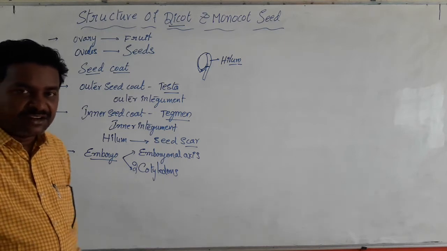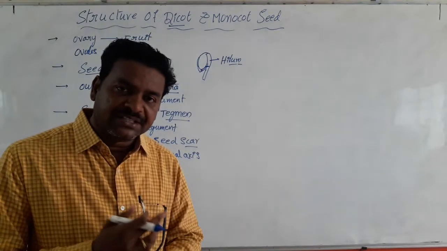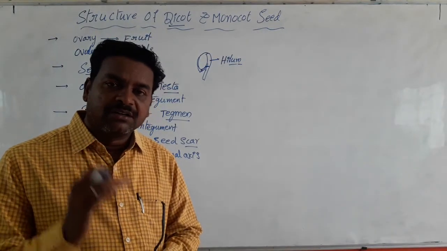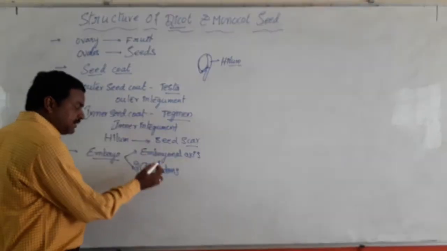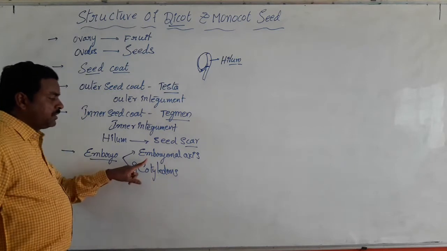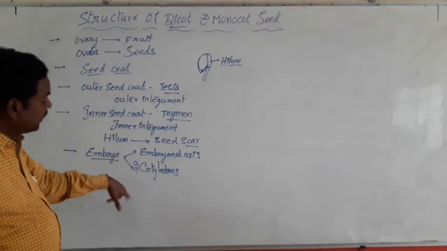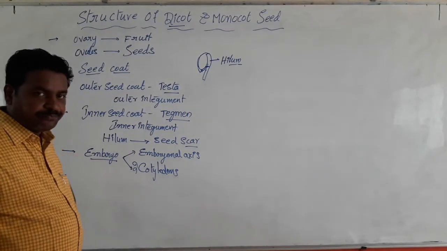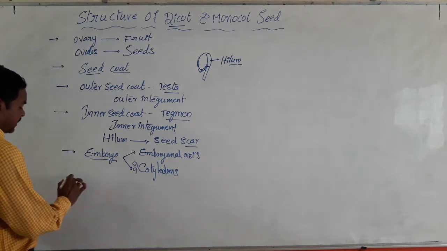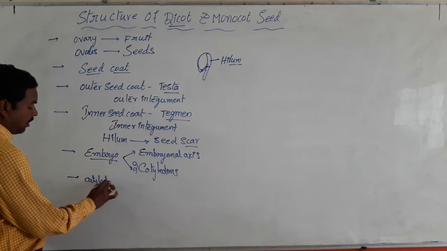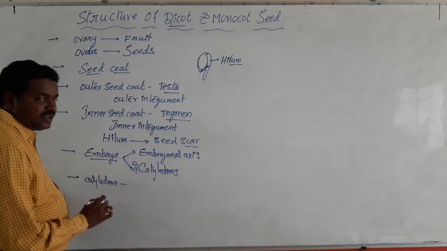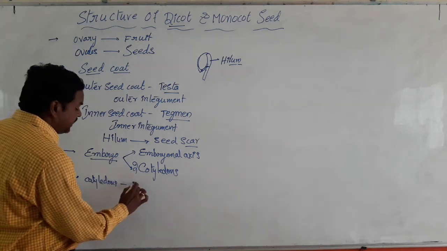Students, you know the structure of the dicotyledonous embryo from the previous class. The embryo is represented by two parts, the embryonal axis and two cotyledons. These cotyledons are responsible for reserve food materials.